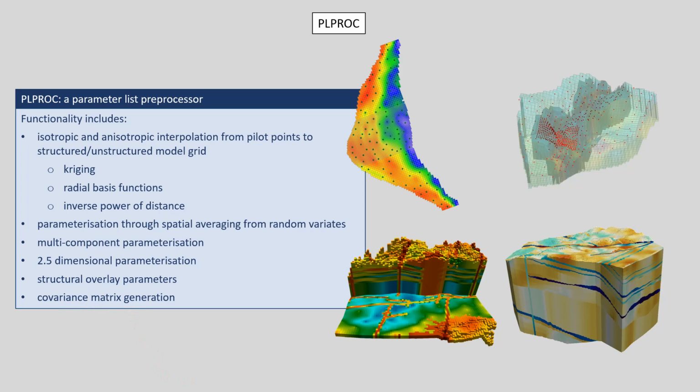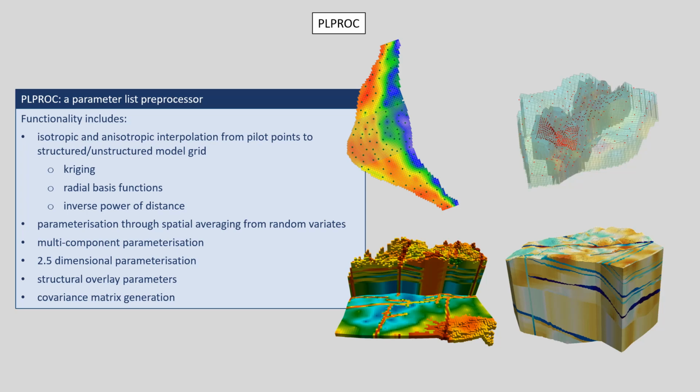Other plproc functionality is listed on this slide. It's mainly tuned to using pilot points, constructing interpolation factors between pilot points and a model grid, and implementing various other types of interpolation schemes. It can work in 2 and 3 dimensions.